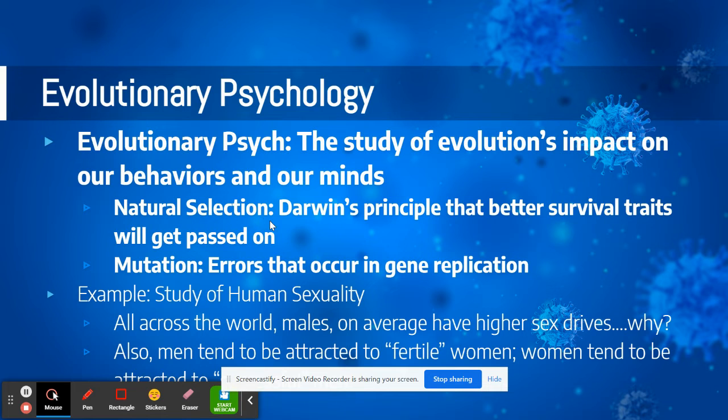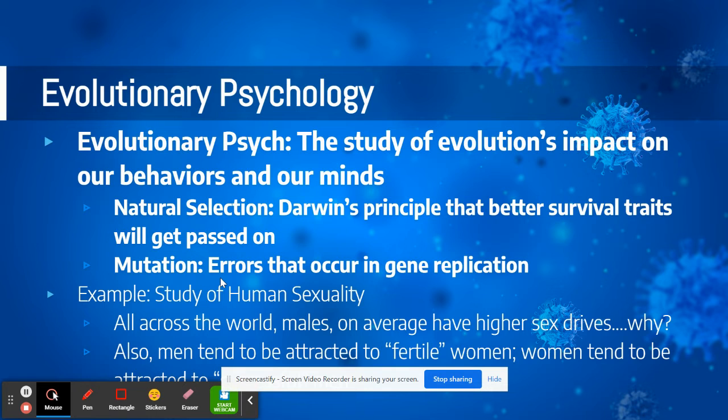This works off Darwin's theory of natural selection, which is Darwin's principle that we are more likely to keep traits that help us survive, and those traits that do help us survive are the ones that get passed on from one generation to the next. Occasionally, you'll get mutations within our DNA. This can occur during gene replication during a baby's development in the womb, and as chromosomes come together through the fertilization process.